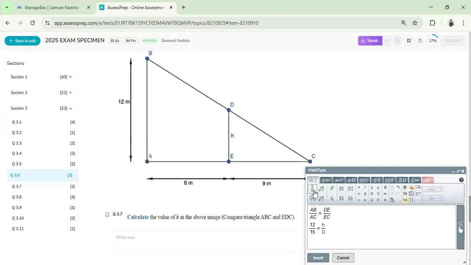So h divided by 9. If you want to get h here, you have to multiply by 9 on this other side, so that it removes the 9 down there, so that you will get h is 9 times 12 over 15.